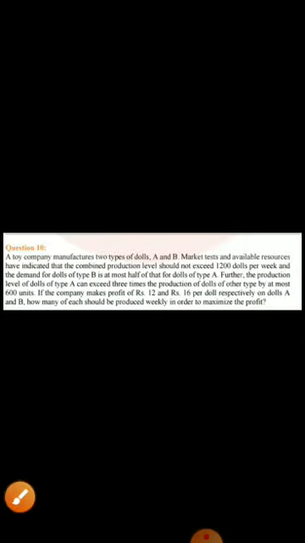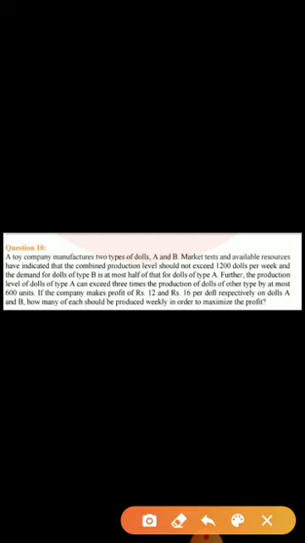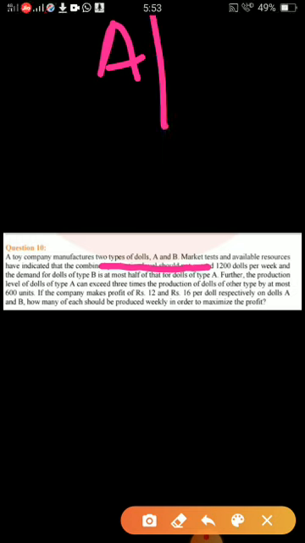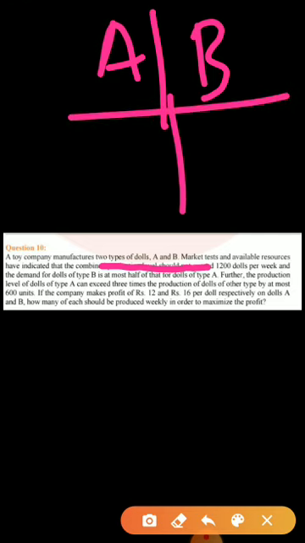Now the next question, again from the miscellaneous exercise, example number 10. Now see, a toy company manufactures two types of dolls, A and B. These are the two types.